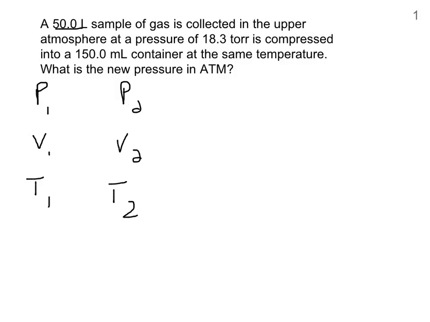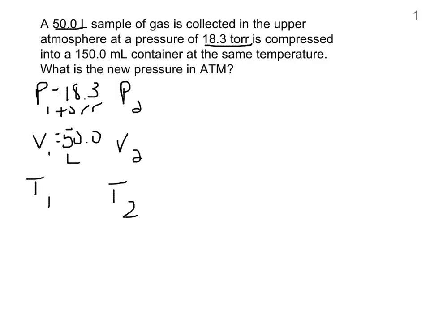Okay, so we look at our first thing. We see that we have a volume of 50.0 liters. We look at the next thing. It says the pressure is 18.3 torr.